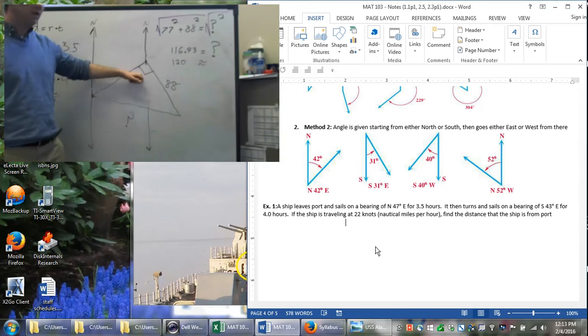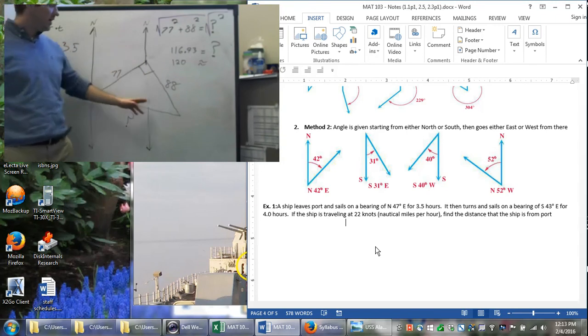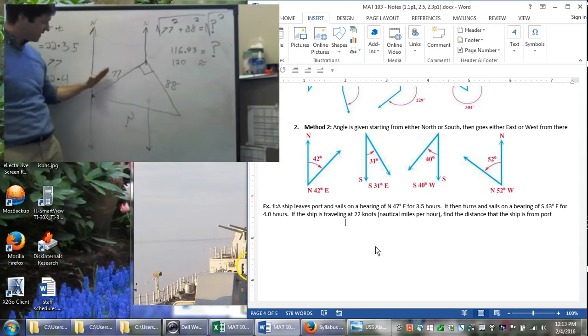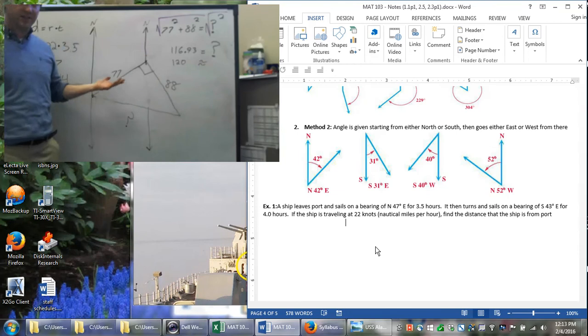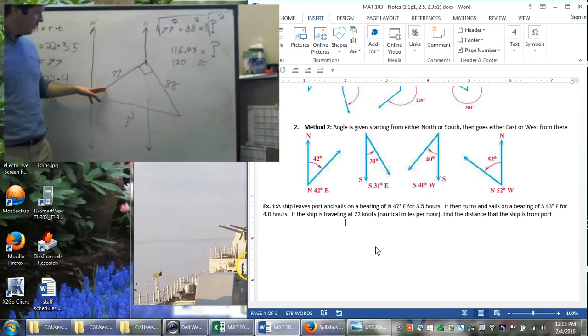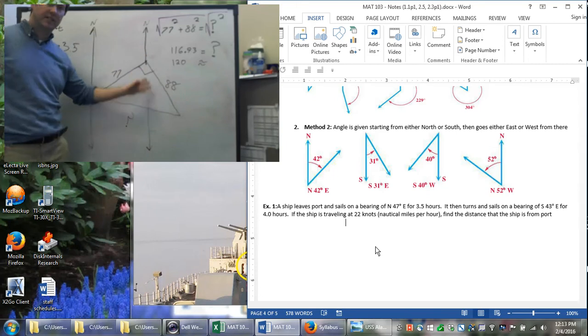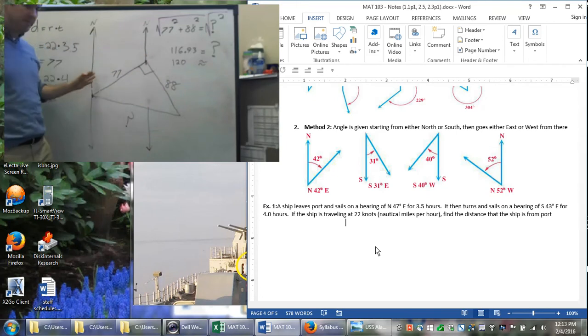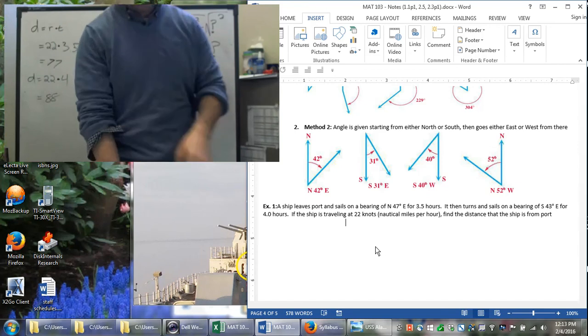What does that tell me about these angles over here? Again, where this first line crossed, it tells me that this is 47 degrees, although I don't need that. This is 47, this one's also 47. More importantly, this one is 47. That's the one I actually need. Why do I need it?